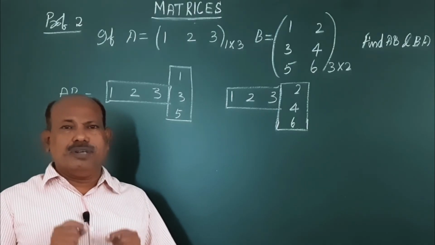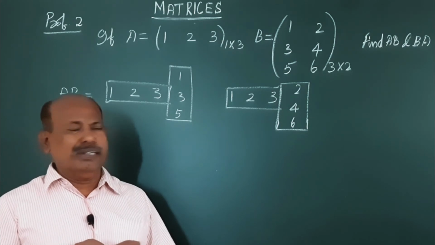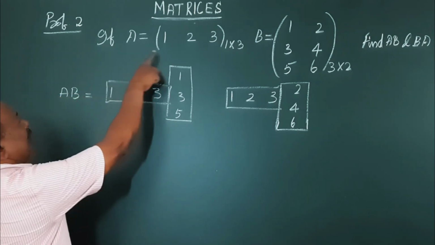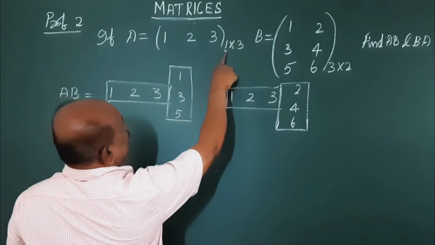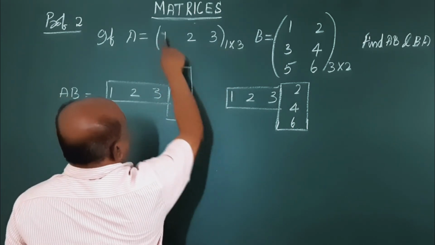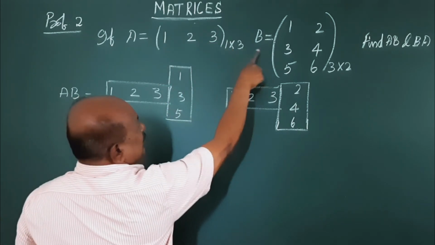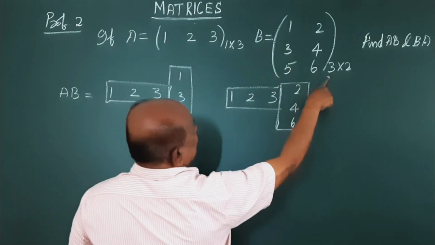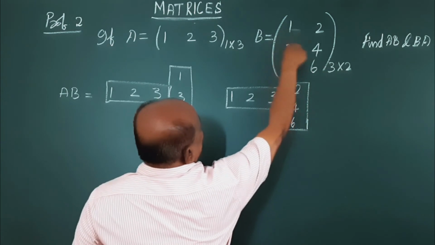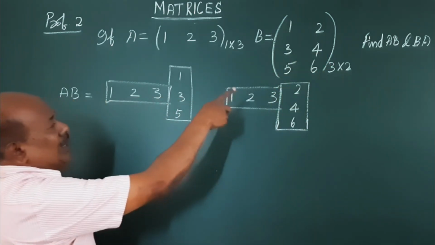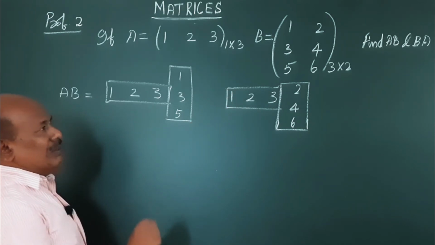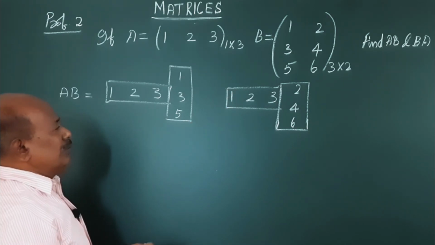Another problem for your easy calculation. You see here, if A equal to 1, 2, 3, it is a 1 by 3 matrix, 1 row with 3 columns, and the B matrix is a 3 by 2 matrix, 3 rows and 2 columns. Find AB first, then find BA. Next problem.